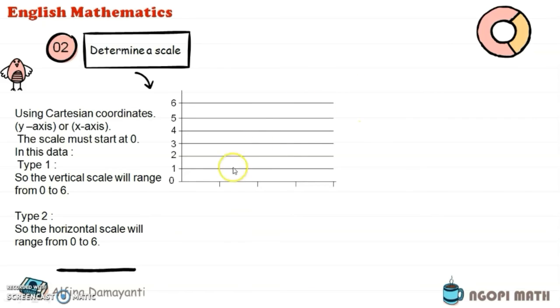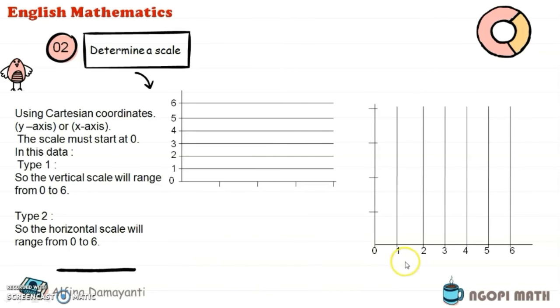This picture shows the vertical or y-axis ranging from 0 to 6. And type 2, the horizontal scale will range from 0 to 6. This is the horizontal scale or x-axis from 0 to 6.